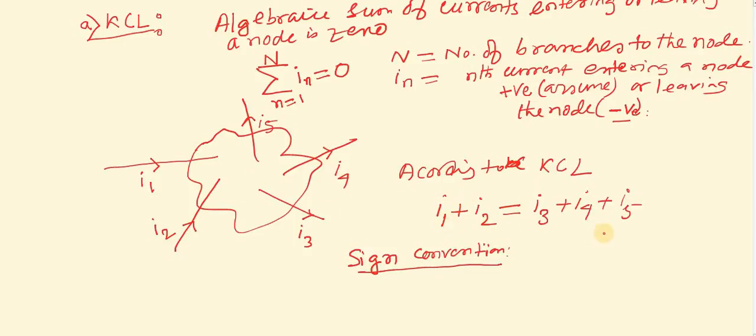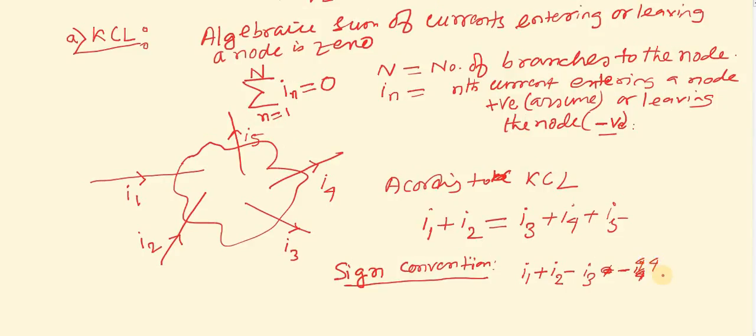In terms of symbols, current I1 is positive, I2 is positive, and these three currents are leaving, so they are negative according to the sign convention. So I1 plus I2 minus I3 minus I4 minus I5 is equal to 0.